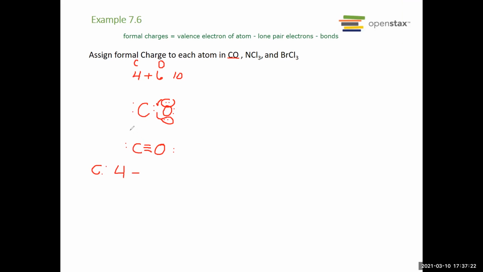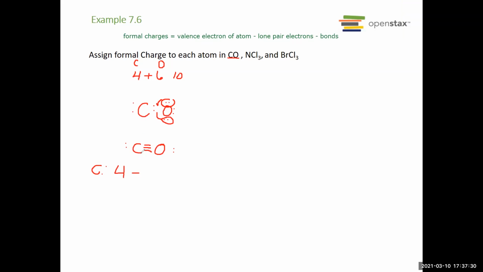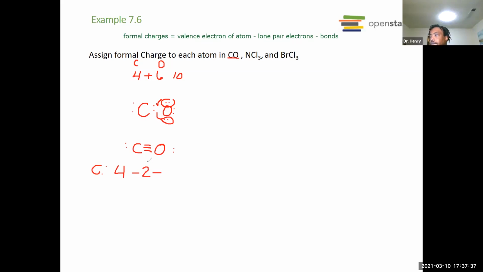How many lone pair electrons do we have around the carbon? 2. How many bonds? 3. Okay, so we have our 3 bonds and our 2 lone pair electrons. So then that's going to give us a value of -1.